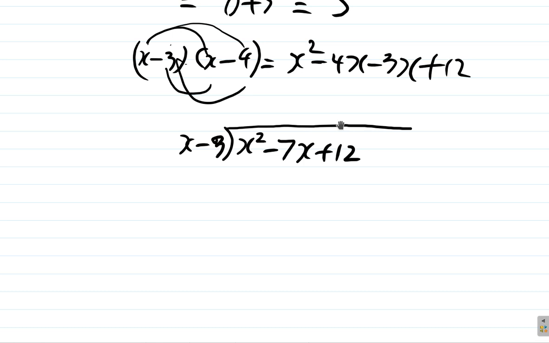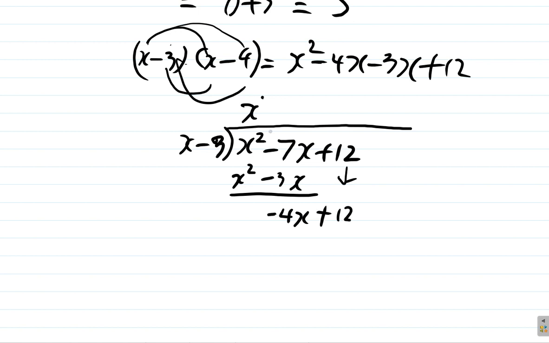Now, we expect to get a remainder of 0. So let's see. X into x squared goes x times. X times x is x squared. X times negative 3 is minus 3x. We subtract. Negative 7 minus negative 3 is the same as negative 7 plus 3, which is negative 4x. 12 minus 0 is 12.